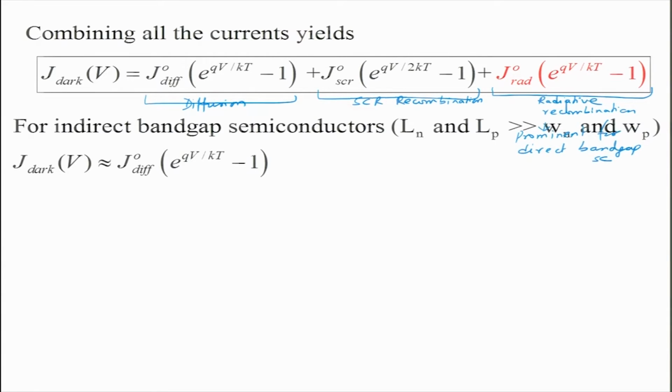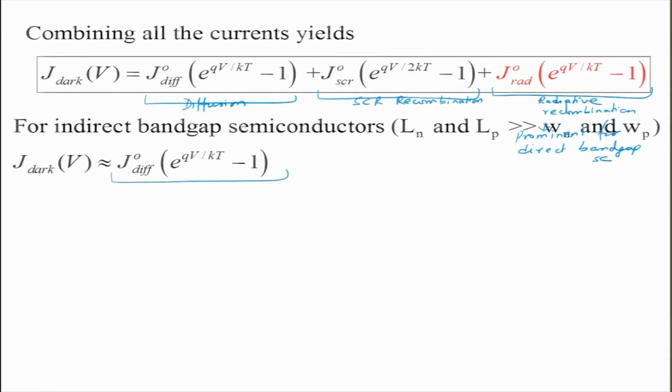For indirect band gap semiconductors, generally Ln and Lp are much larger than Wn and Wp. So, when the diffusion distances of carriers are longer, which means they can stay alive for longer distances, they do not recombine too much in the space charge region.